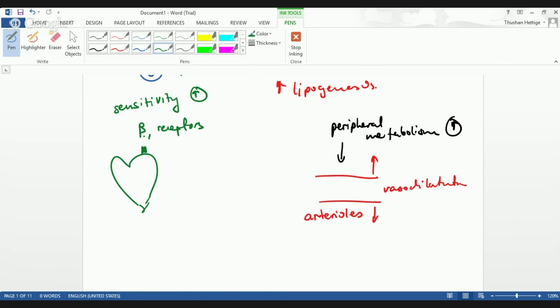You find them in the ventricular and atrial myocardial cells, in the myocytes. So when you perform beta receptor stimulation in the myocardium, you increase the contractility of the heart.